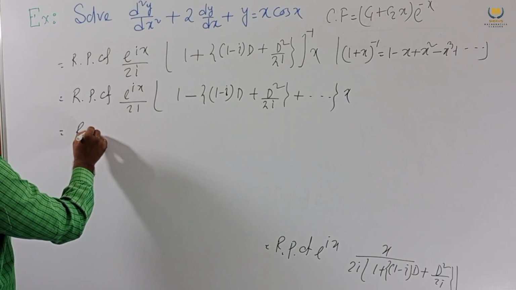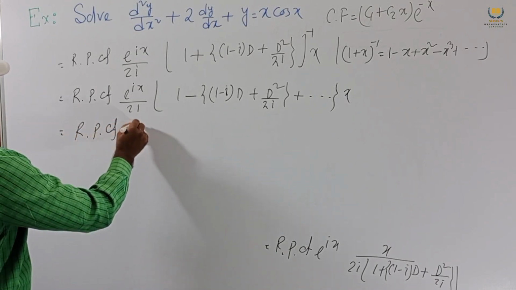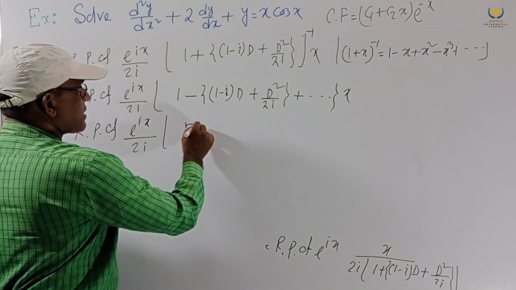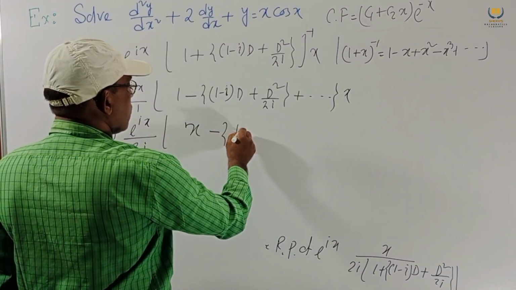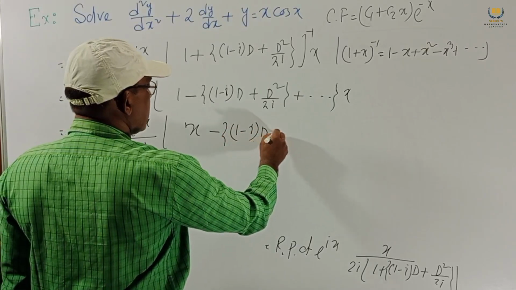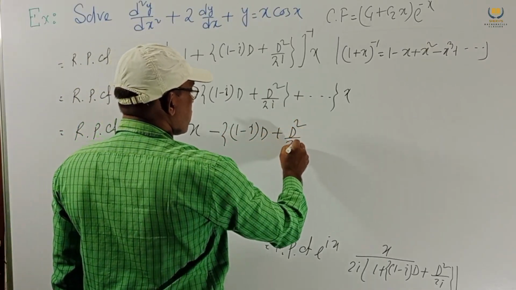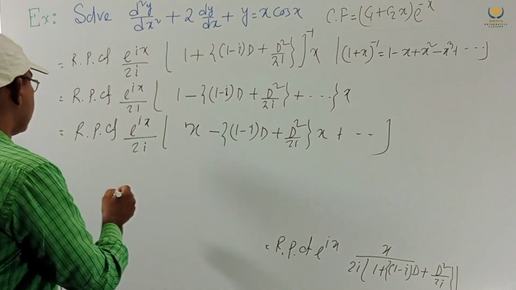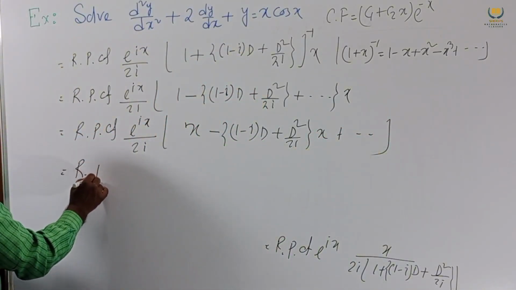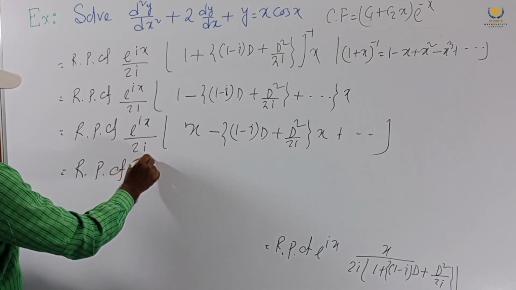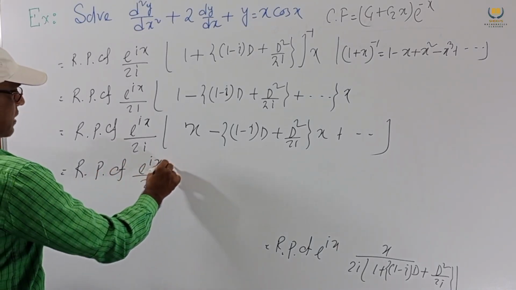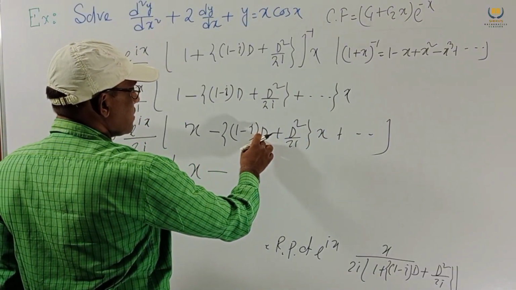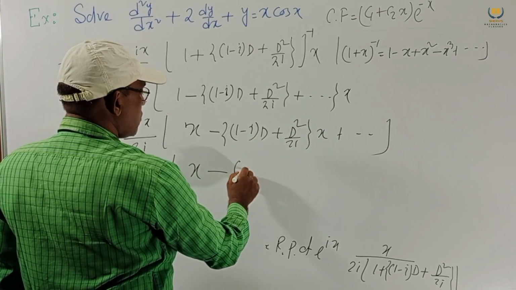And this is real part of e to the power ix by 2i, x minus (1 minus i) D square by 2i into x dot dot dot. This is real part of e to the power ix by 2i, x, and we differentiate x, this is 1, the next will be 0, we get 1 minus i.